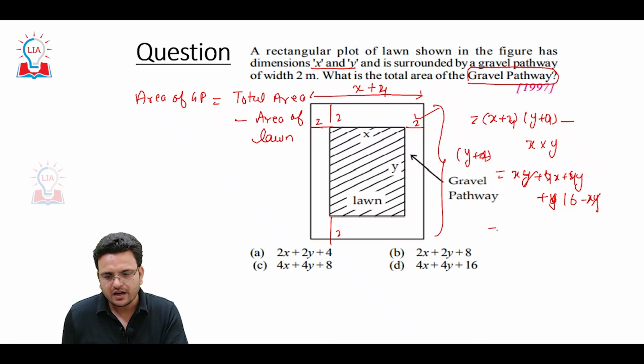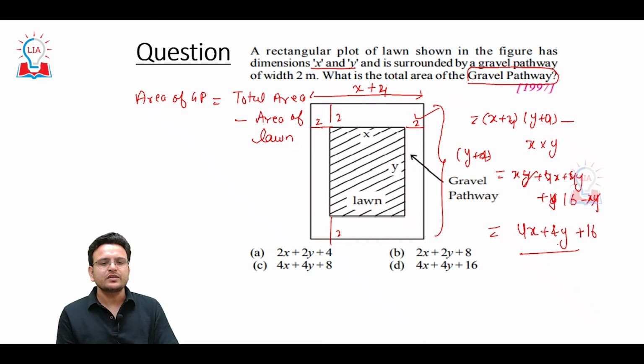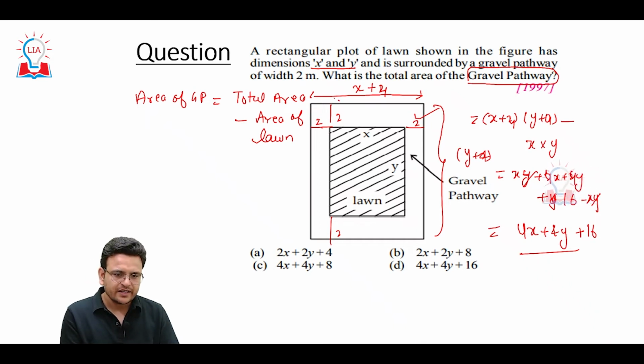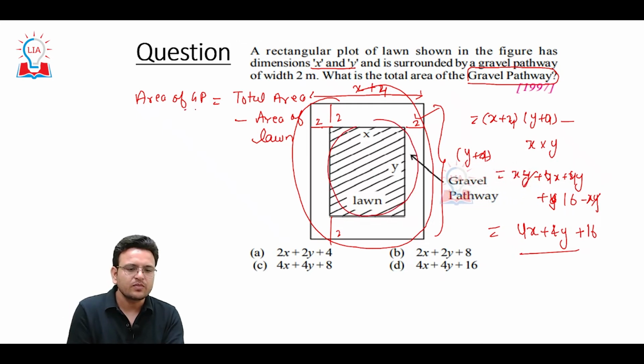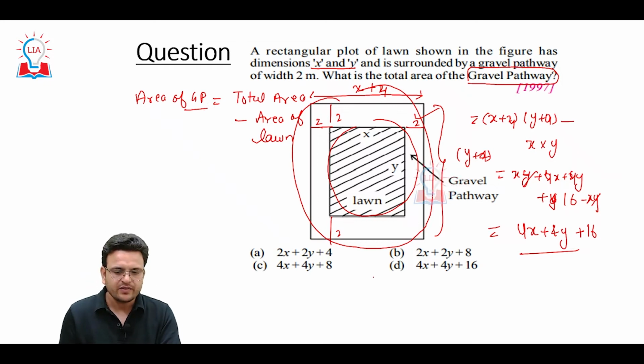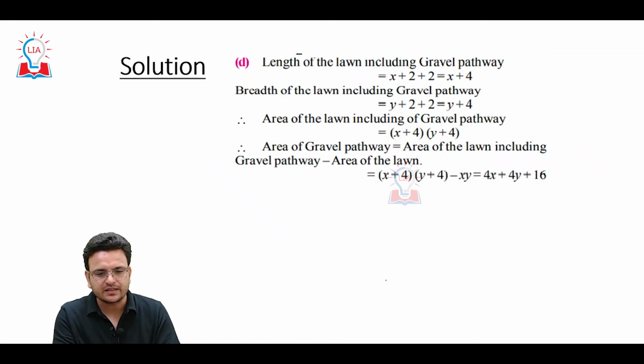So here the answer will be 4x plus 4y plus 16. So hope you are able to understand. First I calculated the entire area, then I subtracted the area of the lawn, then I get the area of gravel pathway. It will be 4x plus 4y plus 16.